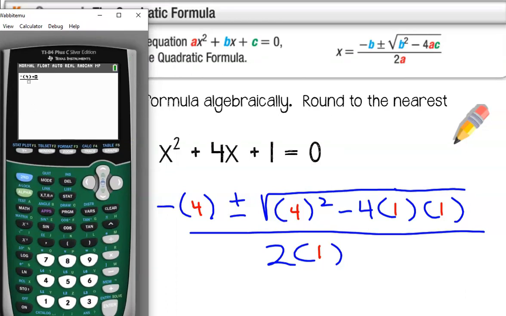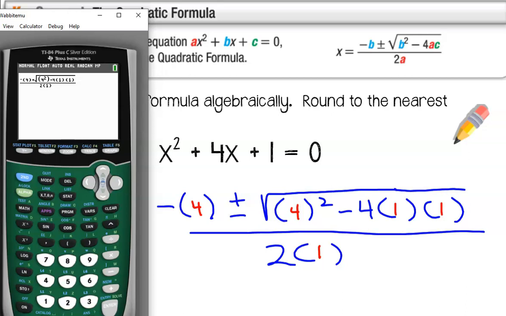Then I choose the square root, second x squared, parentheses 4 parentheses squared. I know it feels ridiculous to type all these parentheses, but when there's lots of negatives in here, it can get pretty tricky, as well as obviously timesing by 1 doesn't need to be typed, but I just want to show you exactly how you enter it into your calculator.